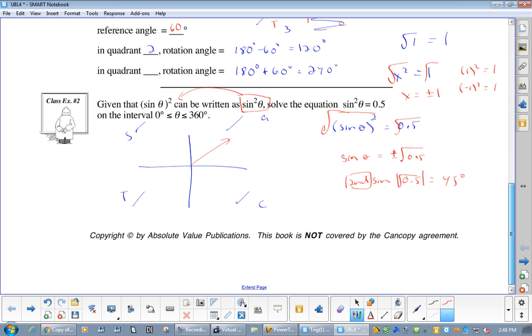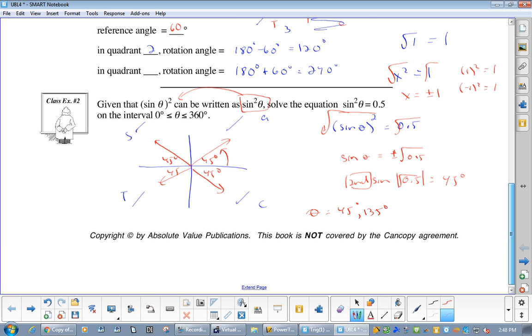There's a 45 there, a 45 there, a 45 there, and a 45 there. All to the x-axis, remember? Okay, so what is the first angle that will give us? We're going to 45. The second is 180 minus 45, right? 135.